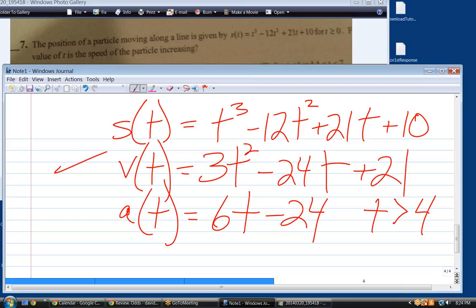Which would mean, let's see, acceleration is increasing when t is greater than 4. It's obviously decreasing when t is less than 4.